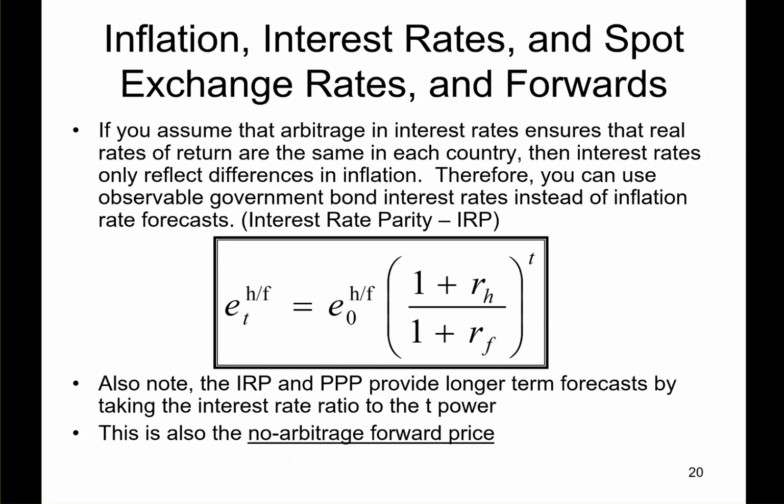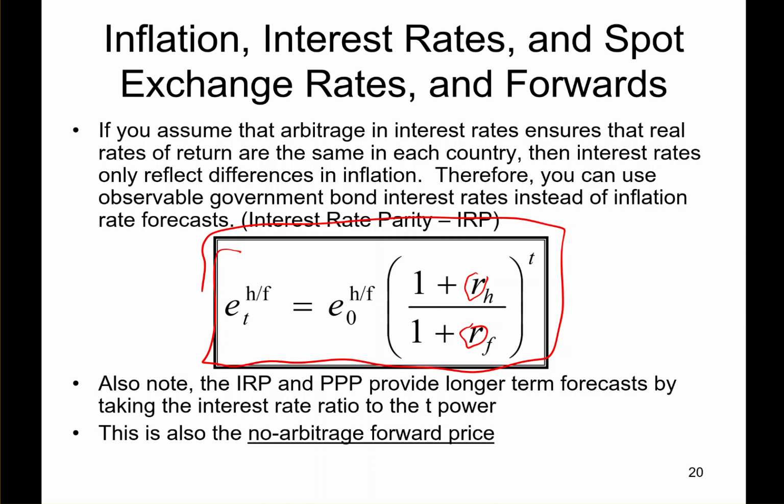Now, one more model. So that's PPP, purchasing power parity. If you assume there's no arbitrage in international bonds, in other words, interest rates reflect simple inflation differentials in each country, then I have a new formula. It looks a lot like the old formula, but instead of I, inflation, I use R, because we can say that in theory, the only differences you should observe in rates of return should be differences in inflation.